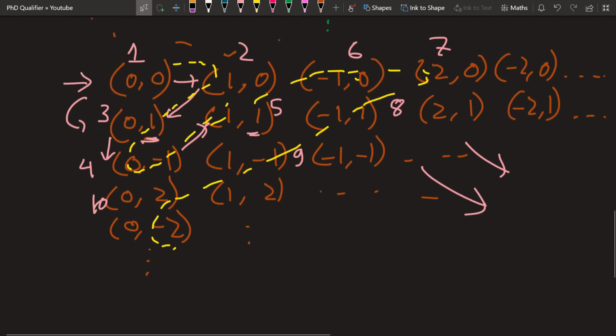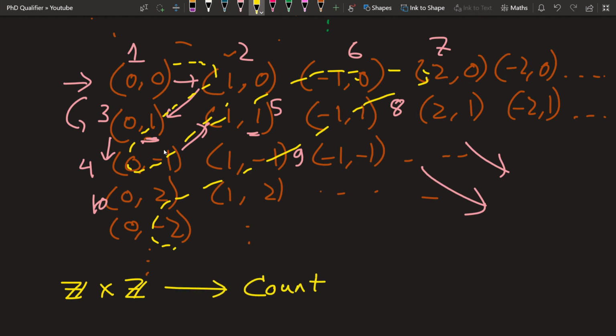And this is how we can also conclude that this Z cross Z is also a countable infinite set.